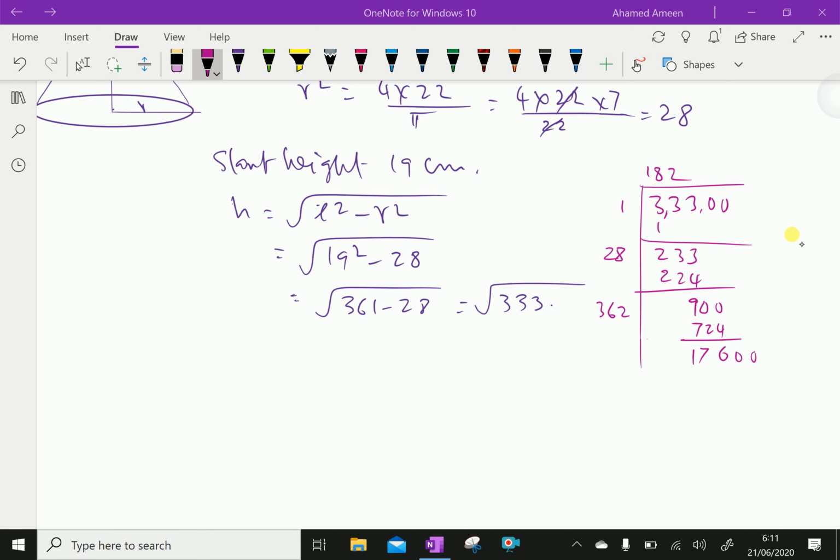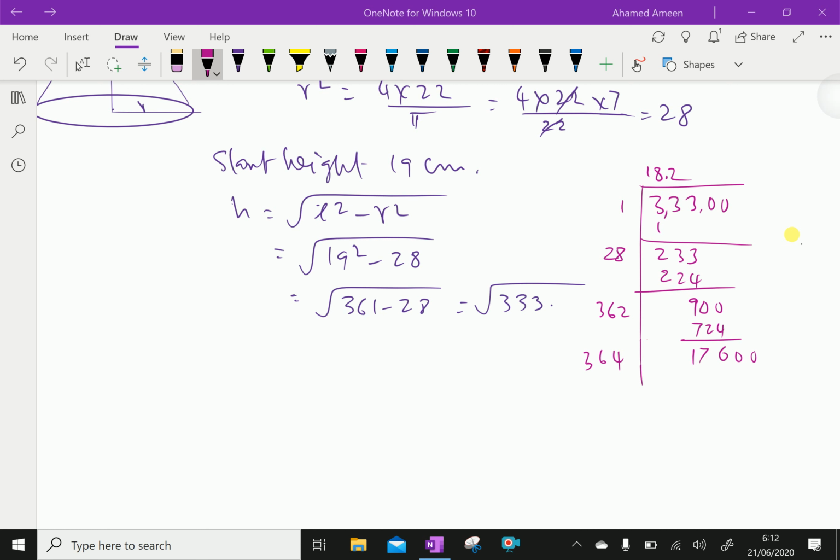Here it is 18 point, and further it continues: 182 doubled is 364, 2 8s are 16, 1 carries, 2 ones are 2.